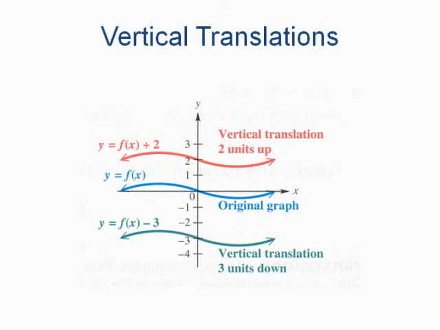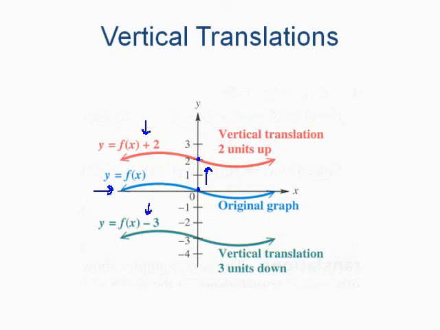So this graph in the middle is some function f of x. This is demonstrating the vertical translation. If I go adding 2 to f of x, notice every point gets shifted up 2. So 0, 0 goes to 0, 2, and every point along that curve gets shifted up 2 as well.